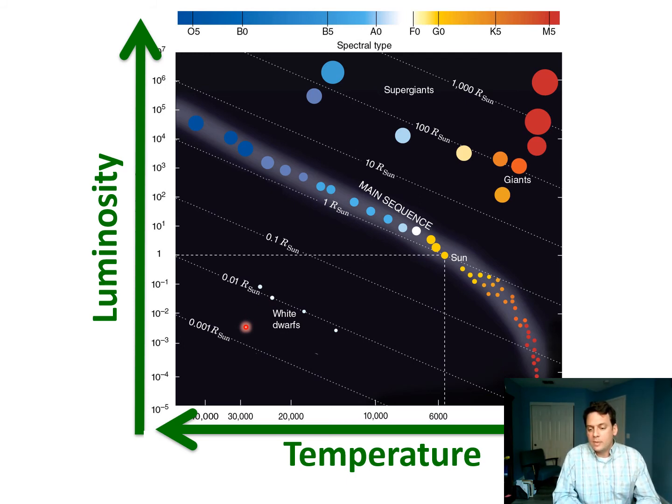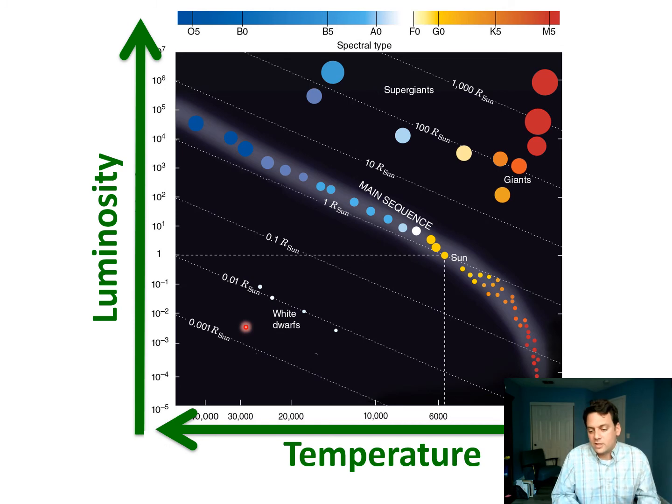That means in terms of volume, they're about 1/100 cubed, which is about 1/1,000,000th the size of the sun. Which means they're basically the size of the Earth, if you remember. You could fit about 1,000,000 Earths into the sun. So a white dwarf is very similar in size to the Earth.